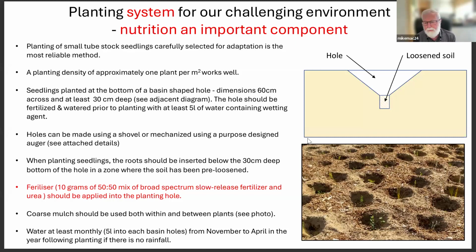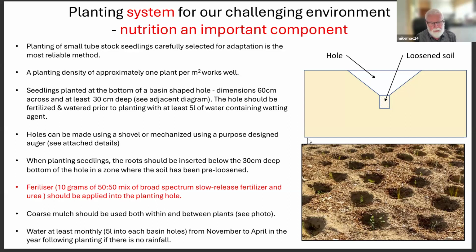The fertiliser, we've tried quite a lot of things in the past: slow release native fertiliser tablets, and terracotta, which contains soil crystals as well as some nutrition. But what we've found with trial and error and some soil testing, which gave us very clear indications that the major nutrient deficiency in our system was nitrogen.